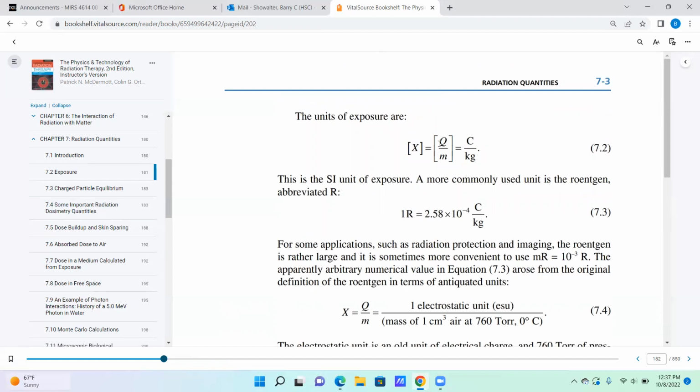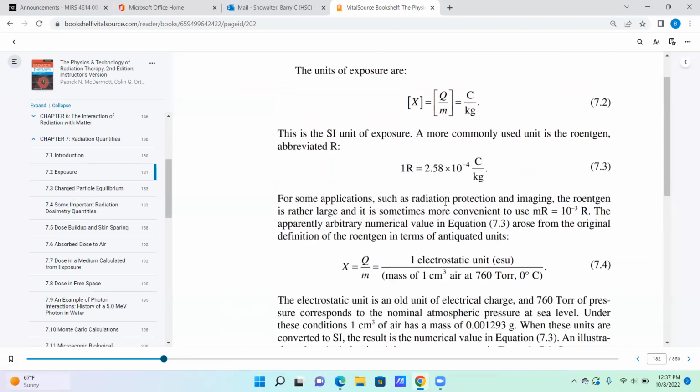Units of exposure: since it's charge over mass, you might imagine coulombs divided by kilogram, and that is the SI unit. More commonly, you're going to end up seeing the roentgen used, and that's 2.58 times 10 to the minus fourth coulombs per kilogram.